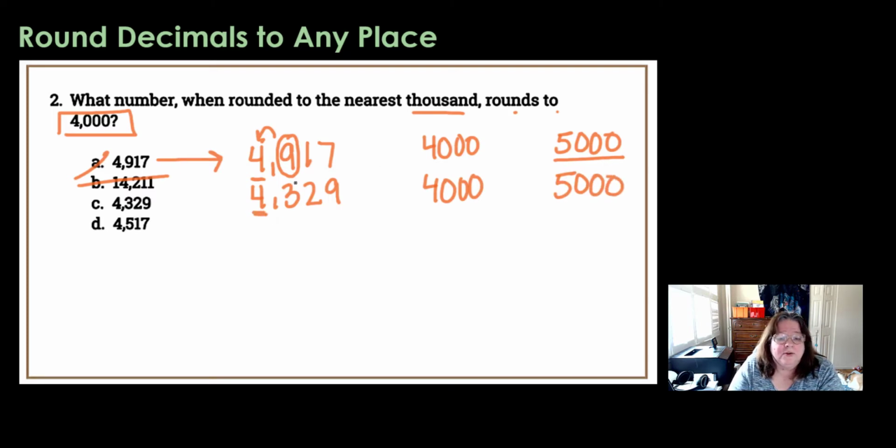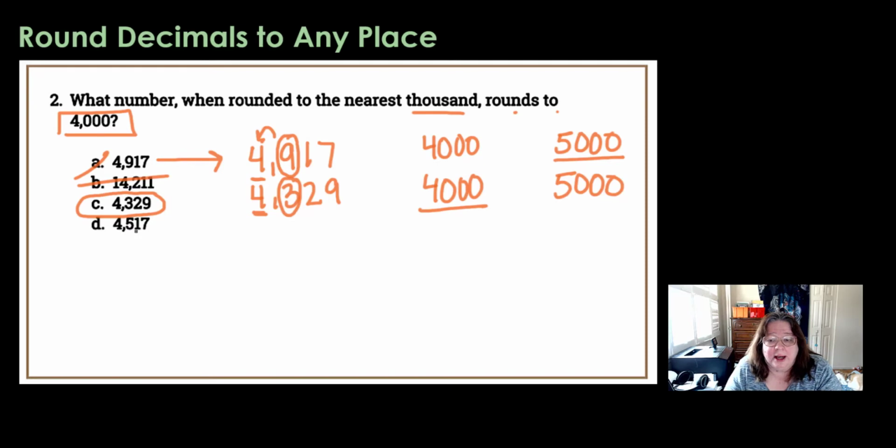We underline the 4, we circle the 3. Is the 3 greater than 5? No, it's not. It's less than 5, so we would round 4,329 down to 4,000.